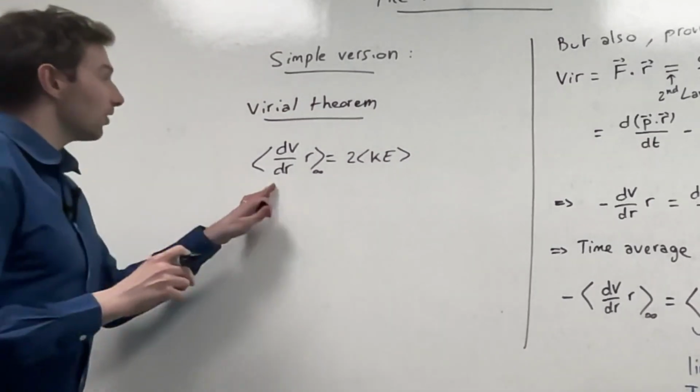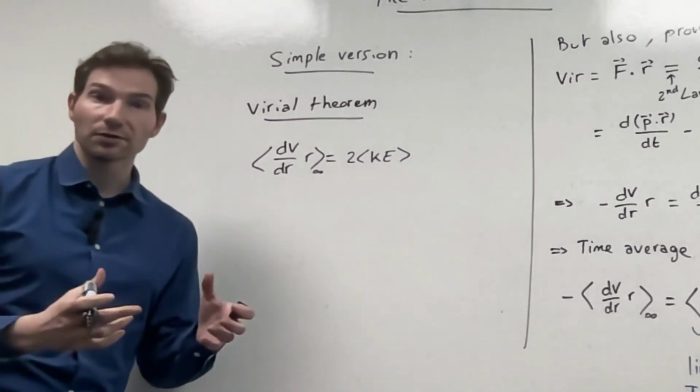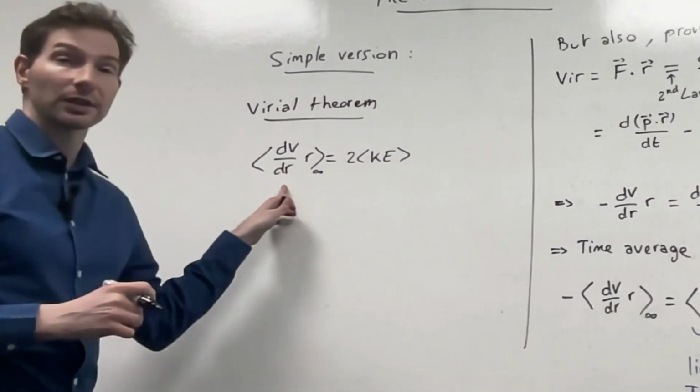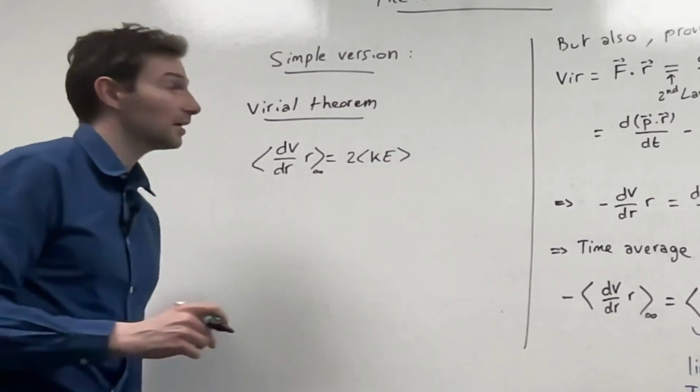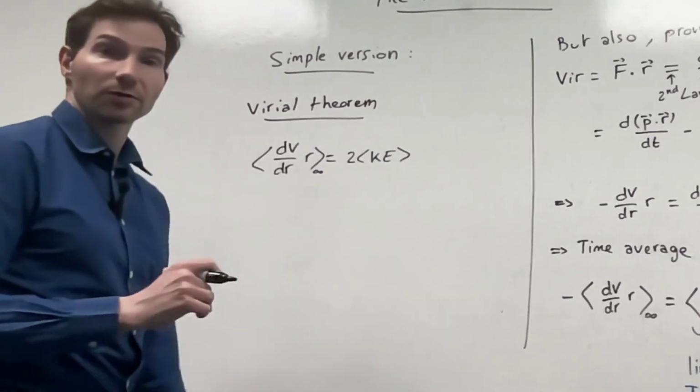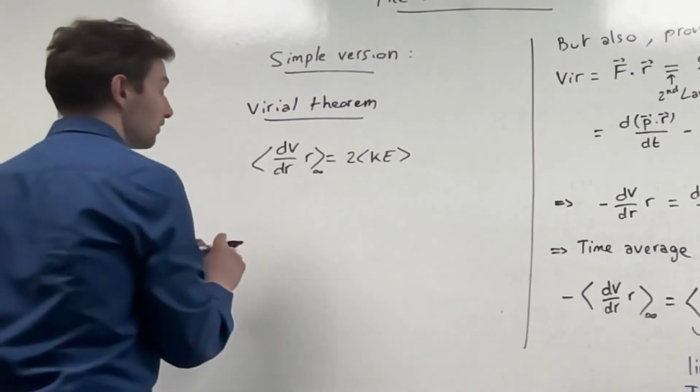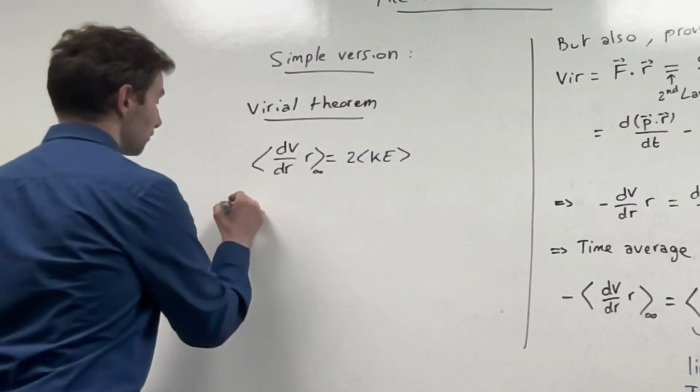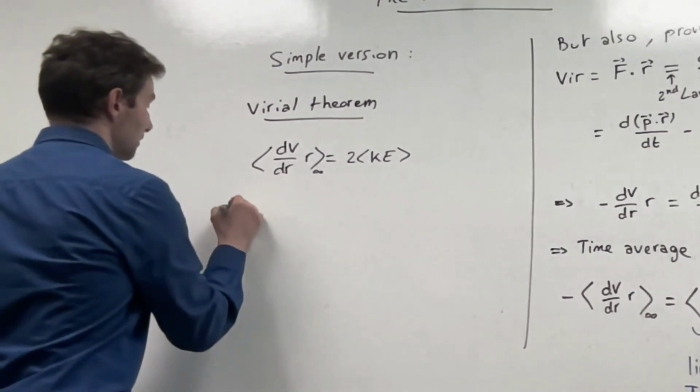Okay? Now, usually this is presented in a different format, but that's not related to the general theorem. To find the typical format, we need to look at a model.